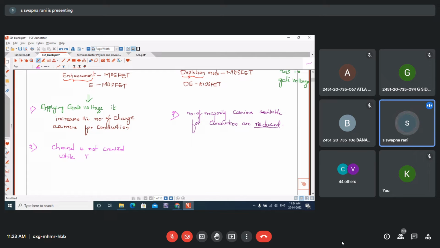While constructing, we do not create any channel at all, whereas here the channel will be there. The channel is created at the time of construction.